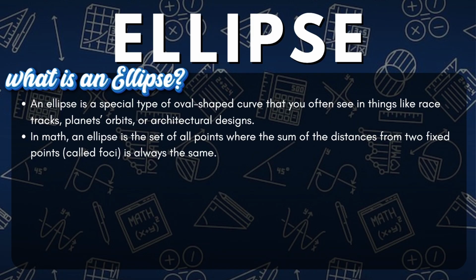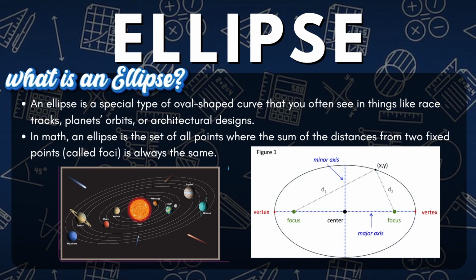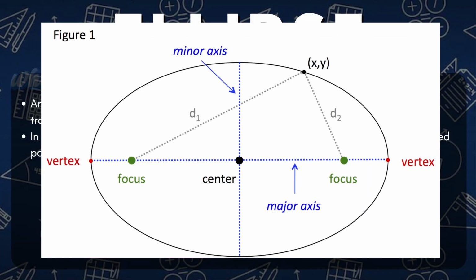And the ratio is called the eccentricity. Now, the eccentricity must always be less than 1, because if it is not, that is not an ellipse. So this is one example of an ellipse. This is the planet's orbit, and this one is the parts of an ellipse.